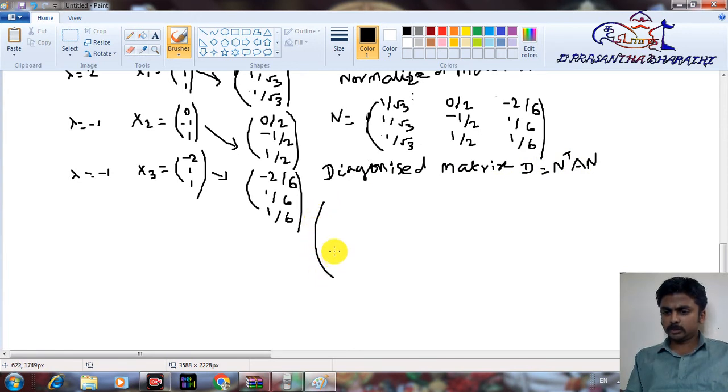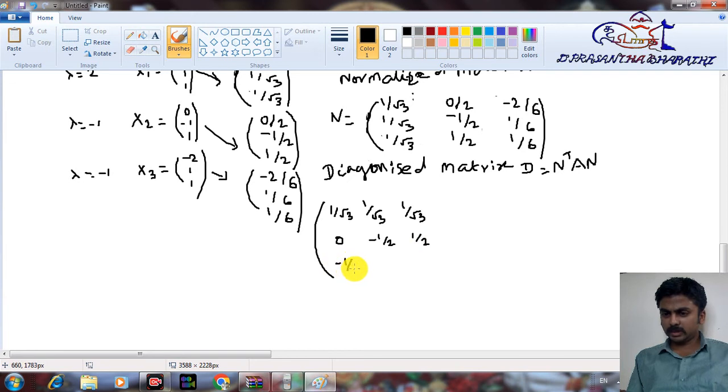N transpose is 1 by root 3, and here also we will have 1 by root 3, and here we will have 1 by root 3, and here we will have 0, then minus 1 by 2 and plus 1 by 2, and after that we can write minus 2 by 6 or minus 1 by 3, whichever you are comfortable with.